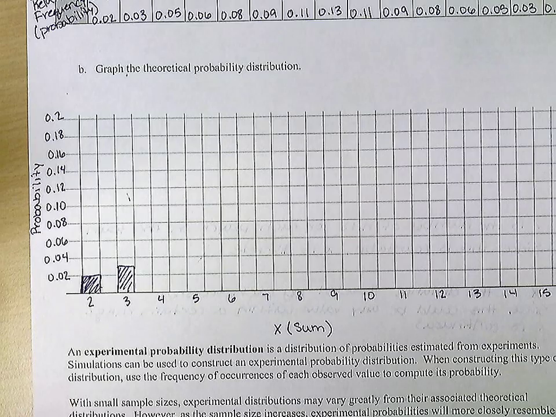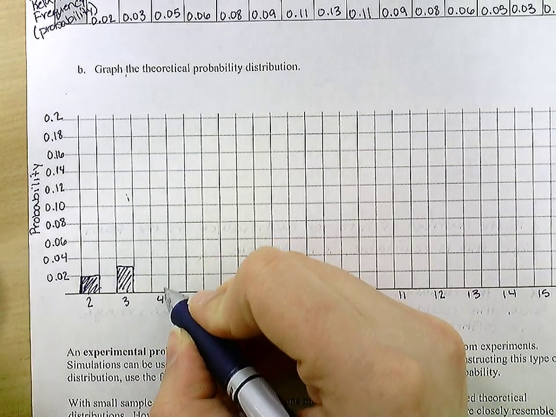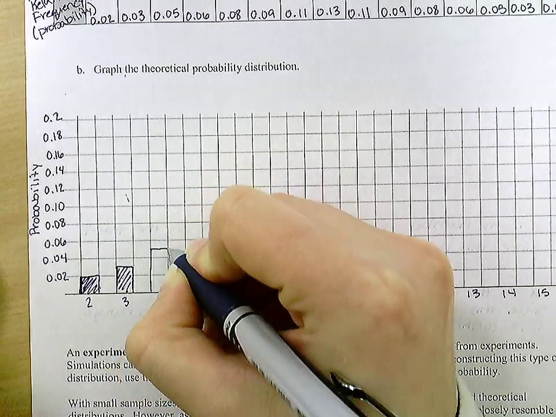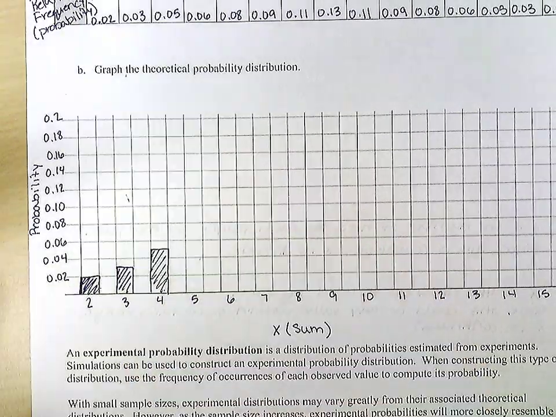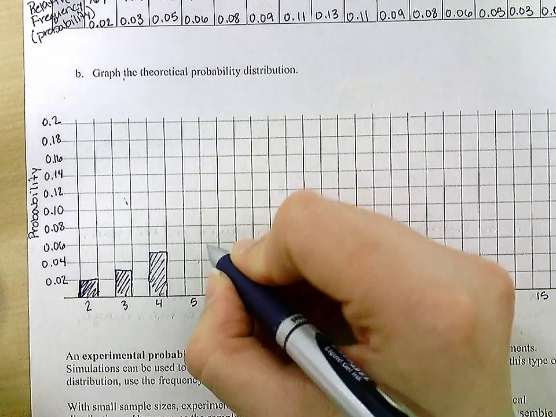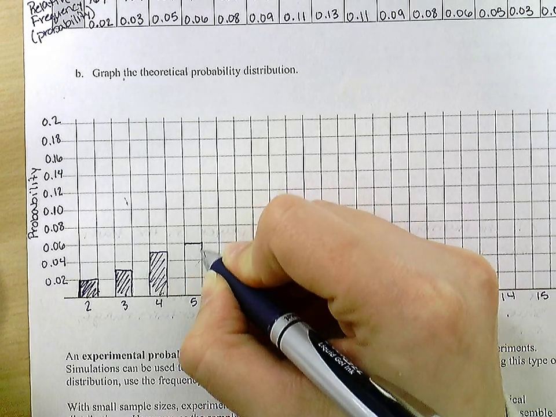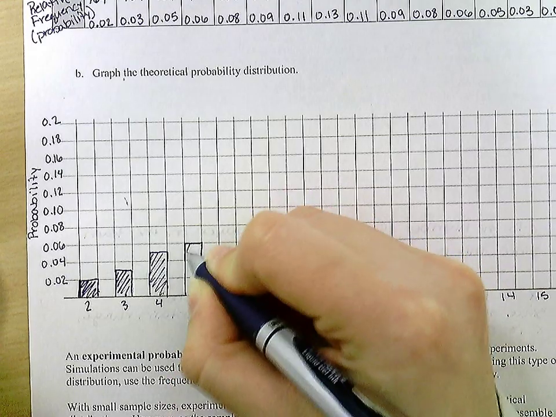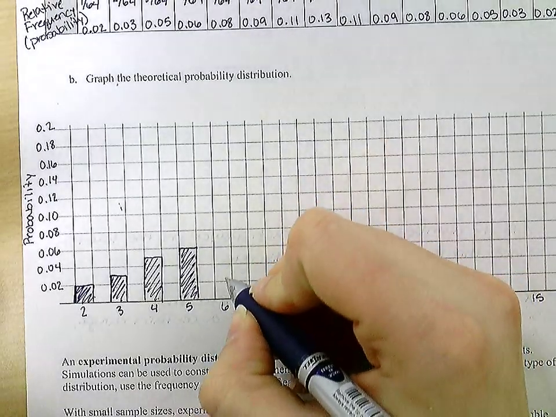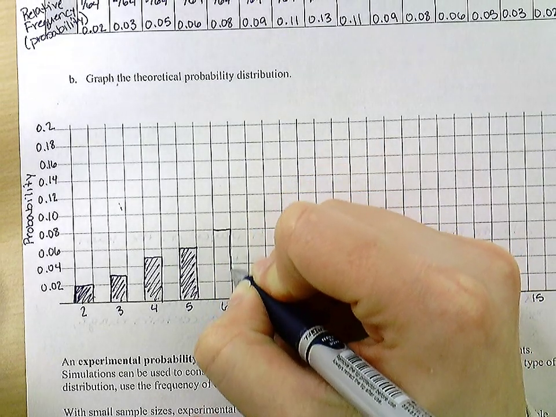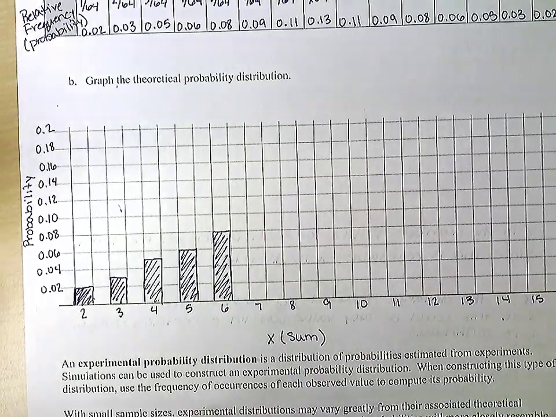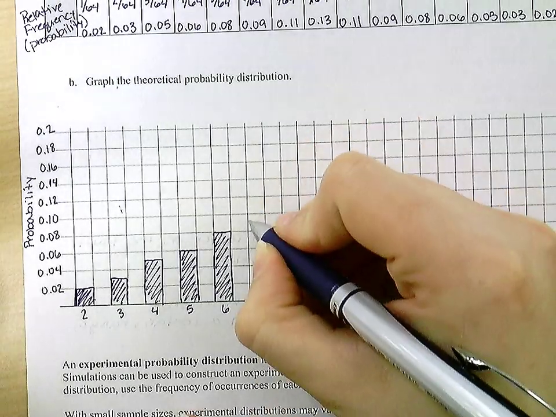Create that bar. 4, go up to 0.05. 5's probability is 0.06. That's right here. 6 is 0.08. 7 is 0.09.